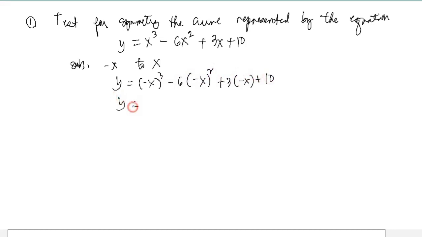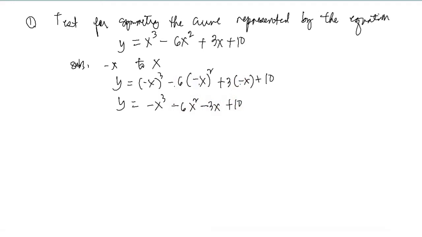So you have here negative x cubed and this is positive, so negative pa rin to, and then here you have negative 3x plus 10. So makikita natin ano yung equation. The equation is different from the original equation.